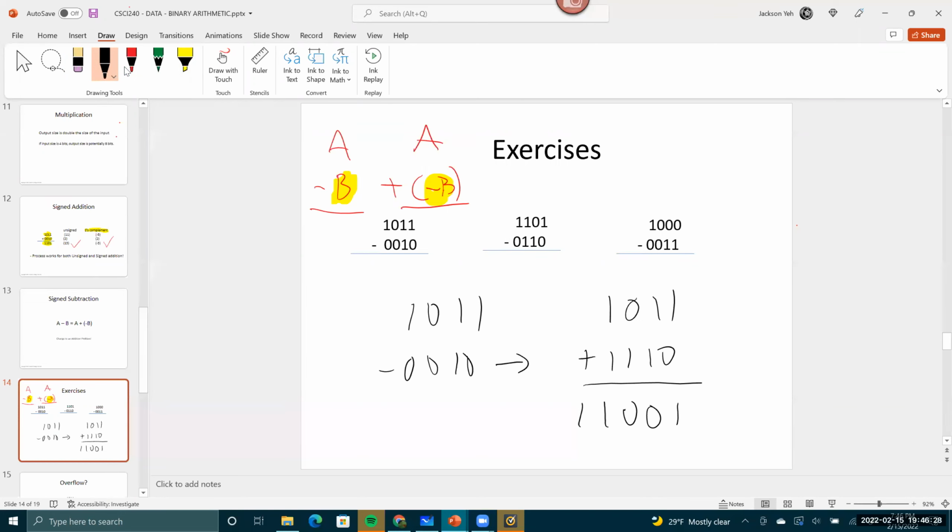Sir, could I ask one question? Go ahead. For that first one, don't the zeros in the front of the number on the bottom not count? You have to flip the whole thing, again, matching pairs. So you flip it. So 0010 becomes 1110.